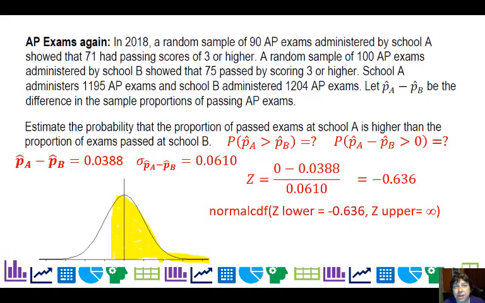So finally, using either a calculator or a table, you determine that the probability that School A has a higher proportion passing than School B is almost 73.76%. So 3/4 of the time almost, School A is going to have a higher proportion than School B in samples we take. At least that's our estimate.